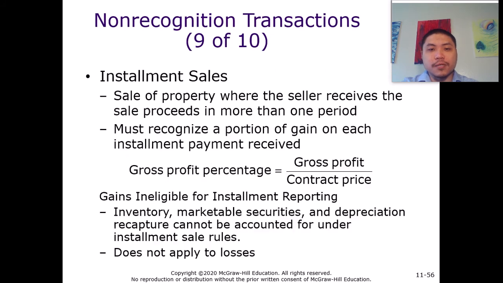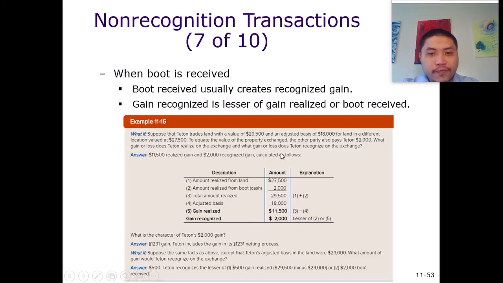The example: land with a value of $29,500 and an adjusted basis of $80,000 is exchanged for land in a different location valued at $27,500. To equate the value of the properties exchanged, the other party also pays Teton $2,000 in cash. What gain or loss does Teton realize on the exchange, and what gain or loss does Teton recognize?